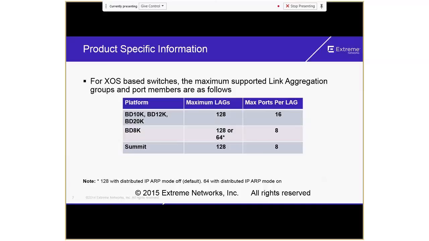But on the 8K and the Summit series switches, you can have 8 ports per LAG, and the number of LAGs that can be configured for BD8K is 128 or 64 depending on what switch you are using. And on the Summit series, it is 128 LAGs.